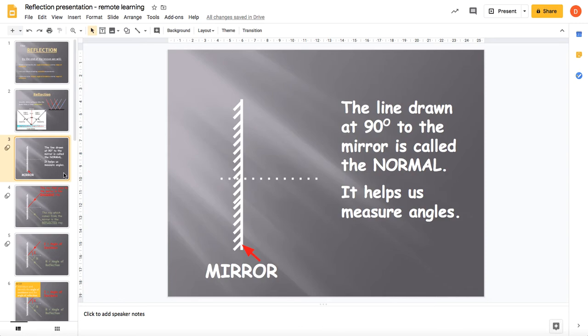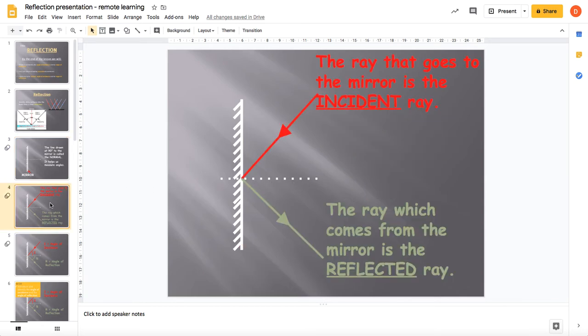So here you have the normal. We would usually draw that as a solid line, but this dotted line is fine. Dotted lines do mean something else in these diagrams. We'll come back to that at GCSE. So here you have the incident ray, and note it's a key term, and the reflected ray, again a key term.